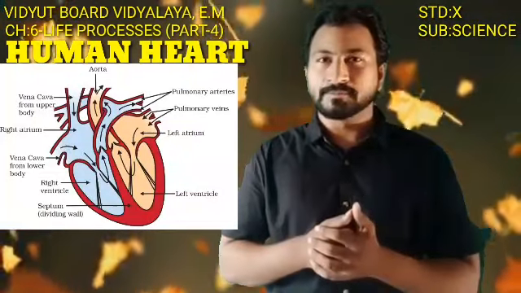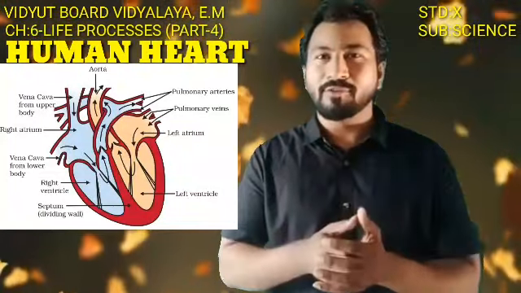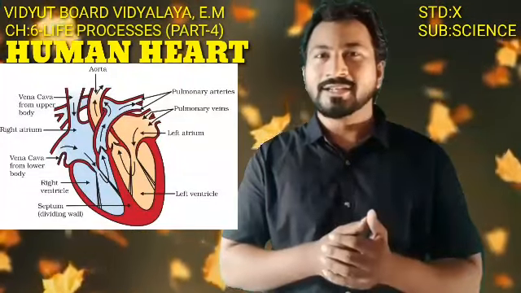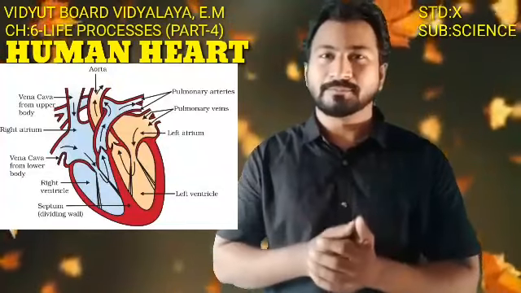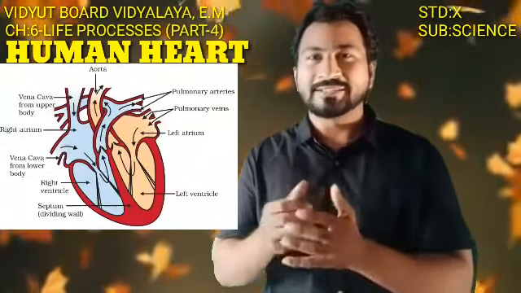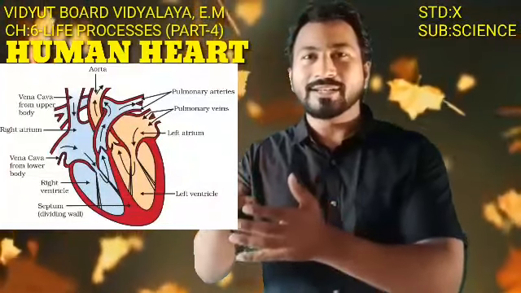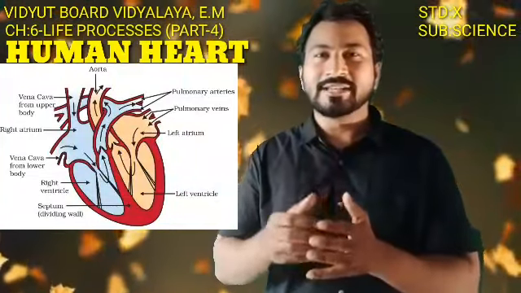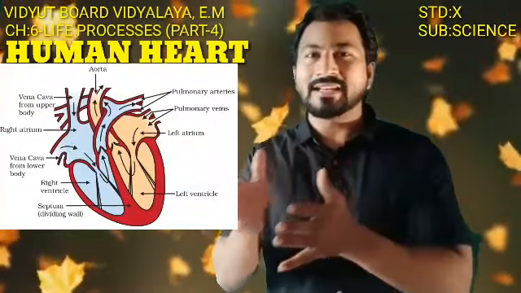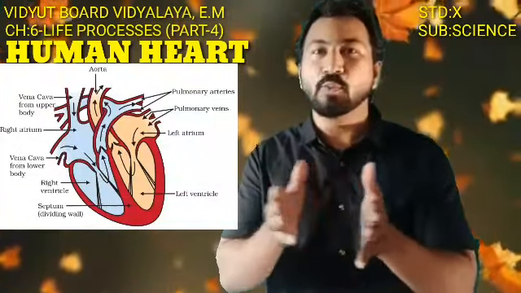Moving on further, at the junction of the right auricle and the right ventricle, there is a tricuspid valve. And exactly in a similar way, at the junction of the left auricle and the left ventricle, there is a bicuspid valve. Now in tricuspid and bicuspid, cuspid means the openings.